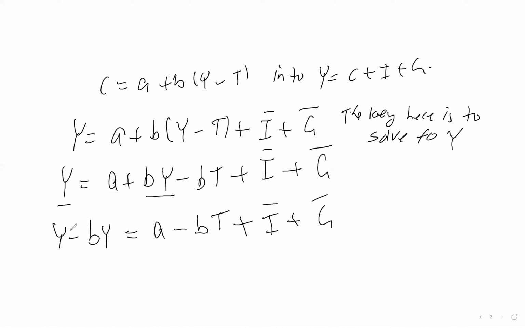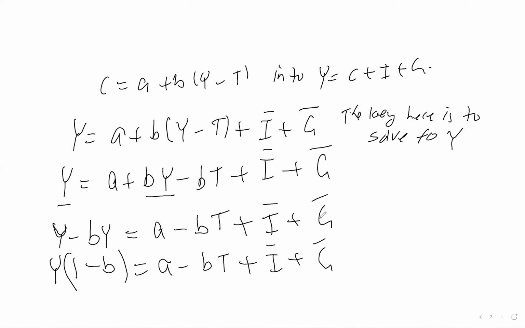Now we can factor out Y. So Y, and then this becomes 1 minus B, and that is equal to A minus BT plus some level of investment plus some level of government expenditure.